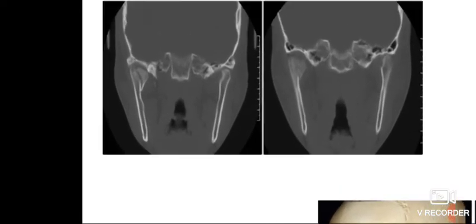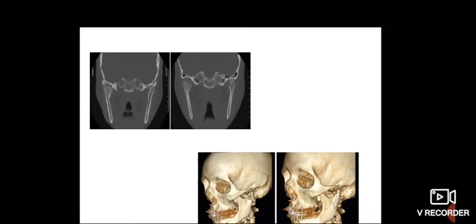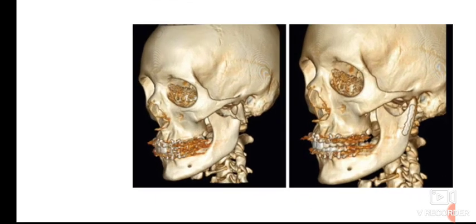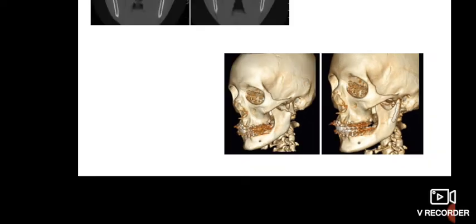In a CT scan again, you can see that medial displacement. There we have seen the condylar segment displacing laterally. Another image where I've kept it shows a medial displacement of the condyle. This is the CT scan. This is how the fracture looks, and this is post surgery, near anatomical alignment, and then they have placed the plate.